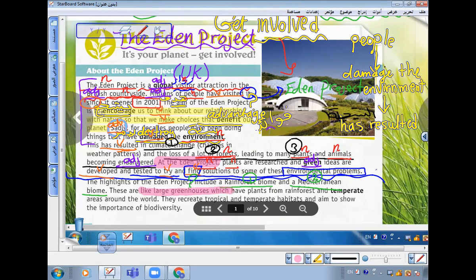large greenhouses which have plants from rainforest and temperate area around the world. معناته if you go to Eden Project you can see a different kind of plants, a different kind of animals. معناته if I ask you what are the highlights of Eden Project عندنا highlights سنتين rainforest point المناطق الإقليمية المطرية Mediterranean excellent point.